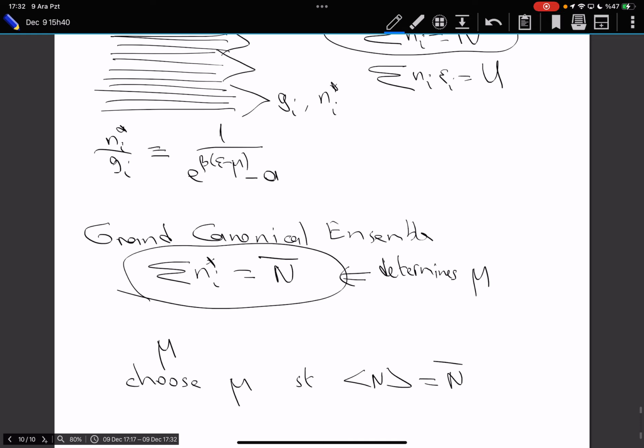But in the grand canonical ensemble, the number of particles is not fixed. At the end of the day, we basically get the same answer whether we do the microcanonical ensemble or the grand canonical ensemble, unless we are close to a phase transition. Okay, so see you on Wednesday.